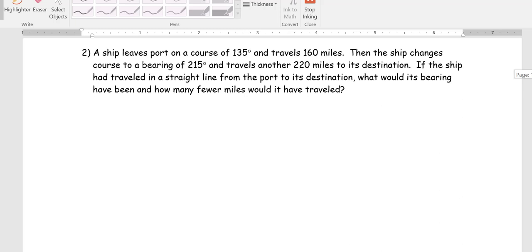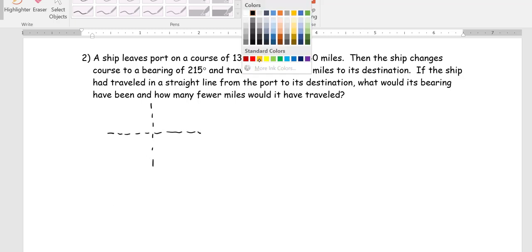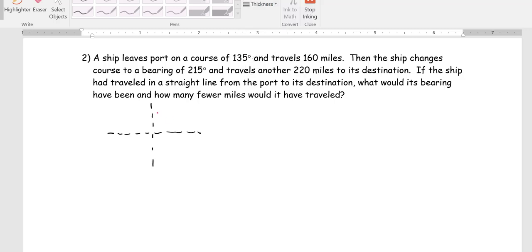Okay, let's try one more and then I'm going to let you try a couple on your own. A ship is going to leave at a course of 135 degrees. The ship's going to leave here, and 135 degrees is right there. It's going to travel 160 miles, and then the ship's going to change course.